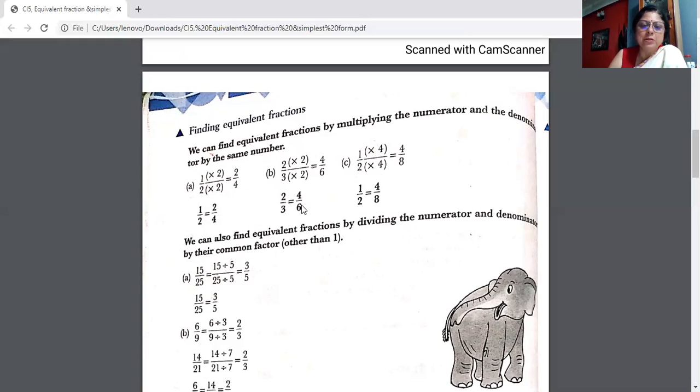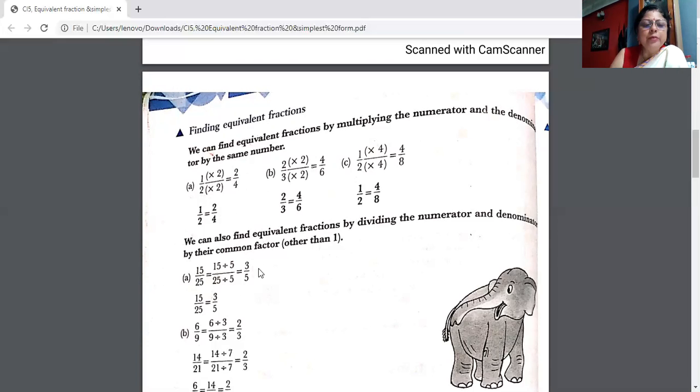They are the same parts of the same object. Similarly, like this. Now, if they ask you to find the next equivalent fraction, you have to multiply by 2. Don't multiply by 1 because it will give you the same fraction. So it is important that the next equivalent fraction will be multiplication by 2, both numerator and denominator. Is it clear, all of you?